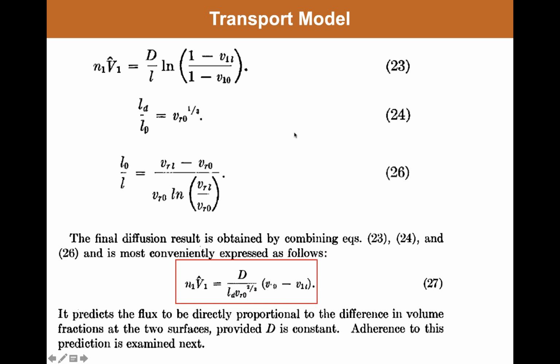And so this result can be loaded into the flux model so that the flux can be expressed in terms of the dry membrane thickness, the diffusion coefficient, and then the volume fractions of rubber in the material. Now these volume fractions of rubber can be measured, or they can also be calculated, for example, from a model like the Flory-Huggins model.